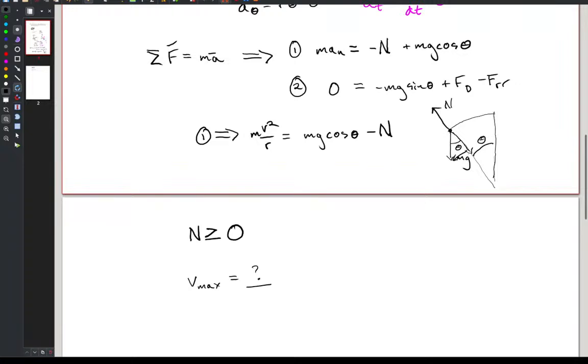It's only equal if v is 0. So if you hit the brakes and you come to a stop, then you're definitely not going to fly off the moon, because n equals mg cosine theta, and we're good.